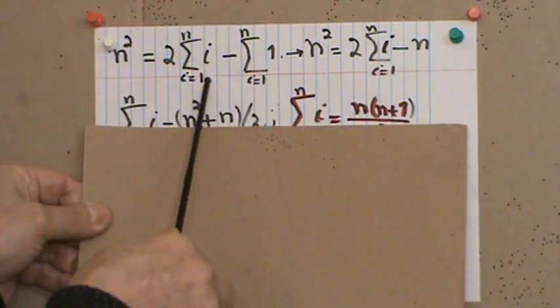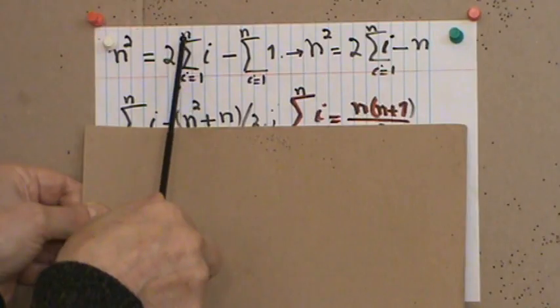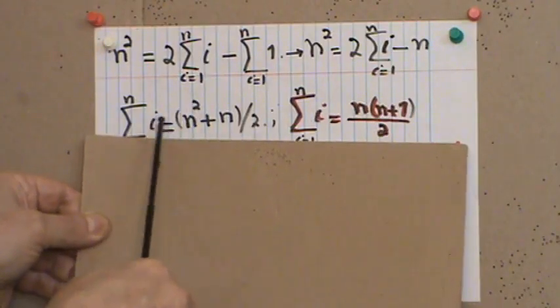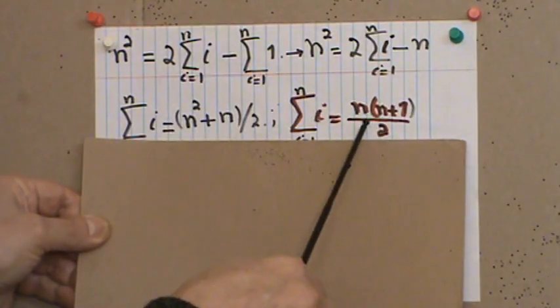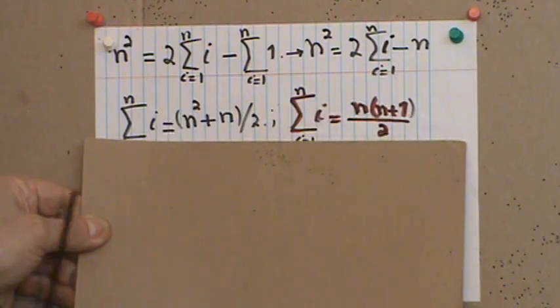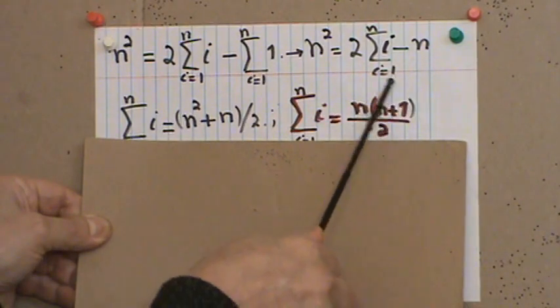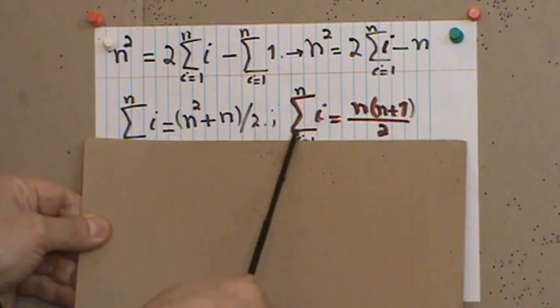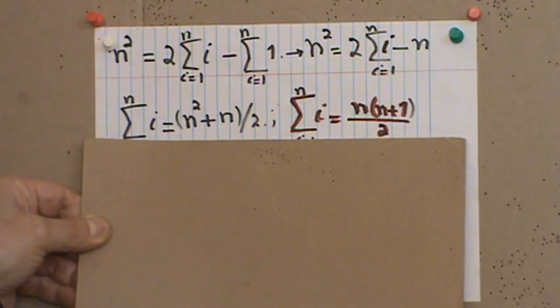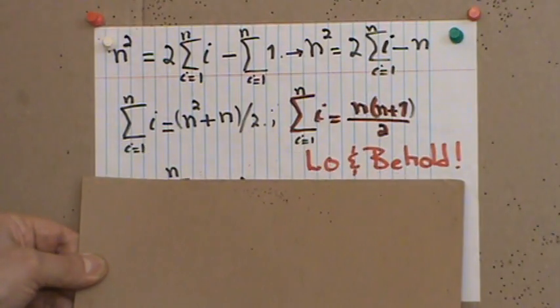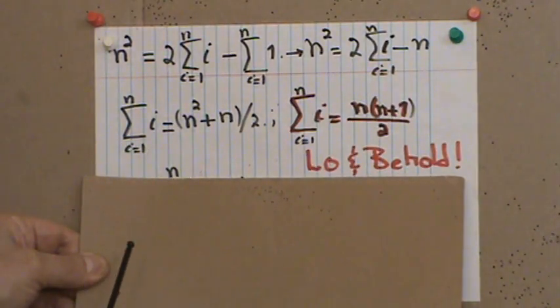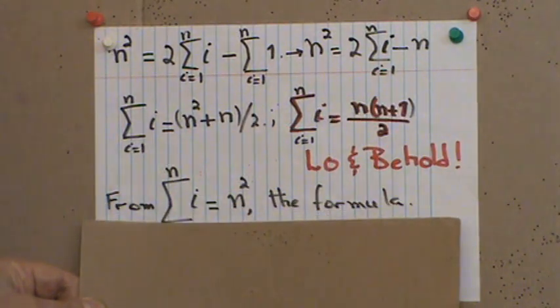I solved it for the summation of i from i equals 1 to n. You see that I solved it, and I came up with this nice looking formula that I'm already familiar with. I had already found that one a different way. So again, I was very excited and started to fly toward the ceiling. And lo and behold, we found that formula.